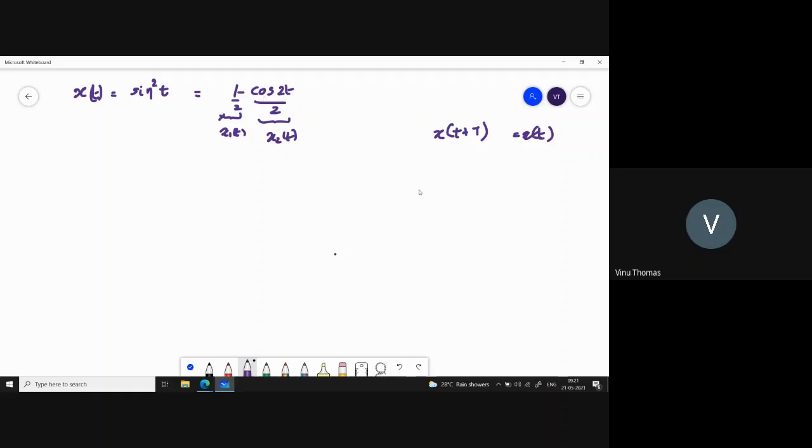So this is your minus cosine wave, and this minus cosine wave is shifted upwards by 1 by 2.